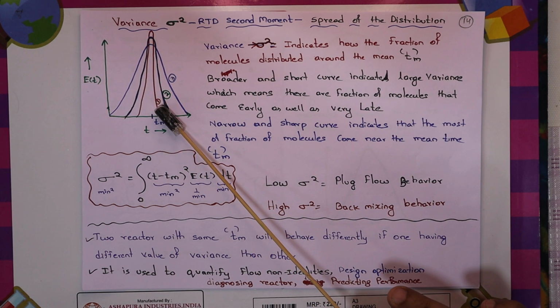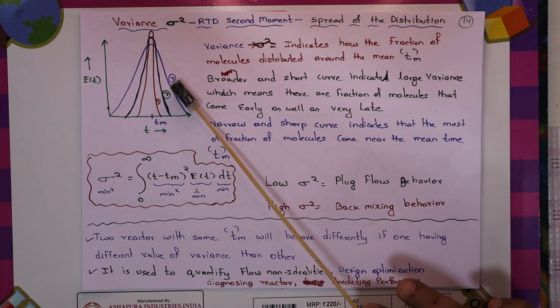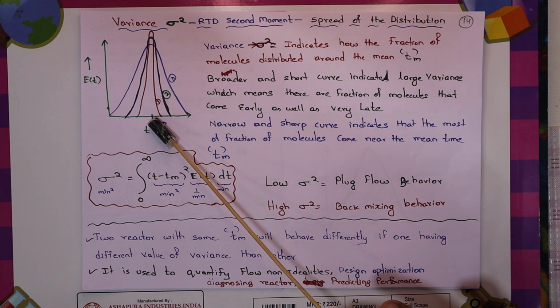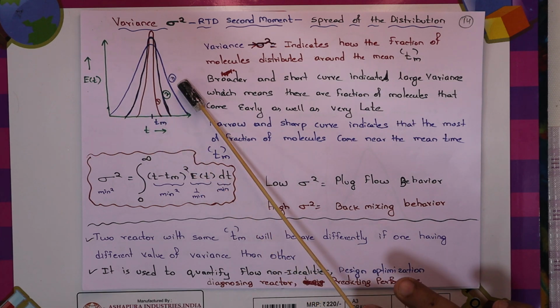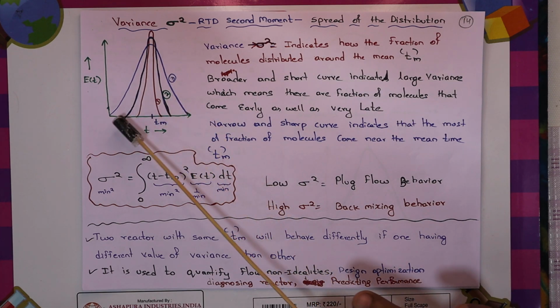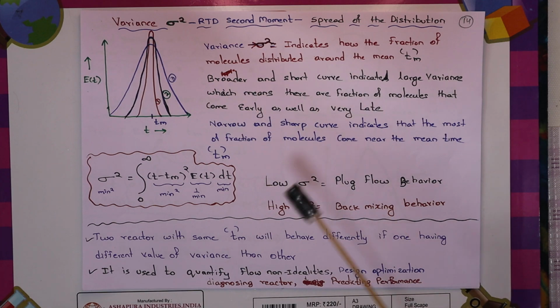Take the example of reactor 1 and reactor 3. They have the same mean Tm, but reactor 1 has a very low variance and non-ideal reactor 3 has a very large variance.